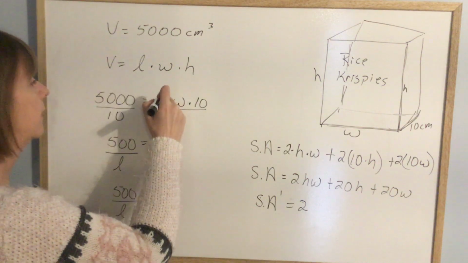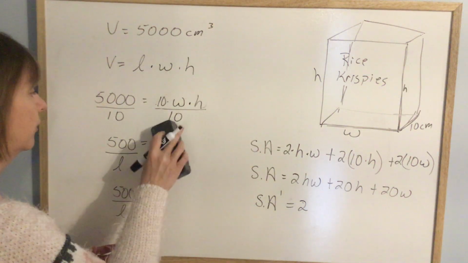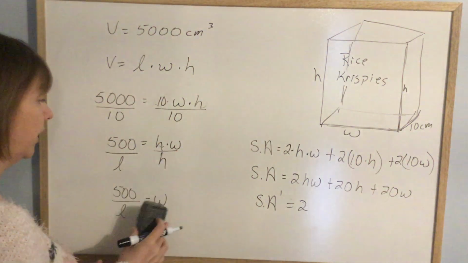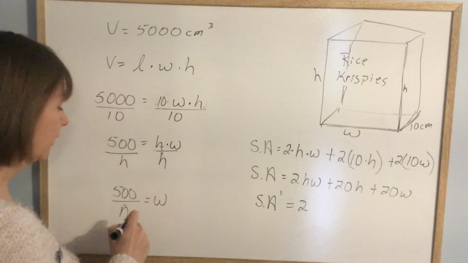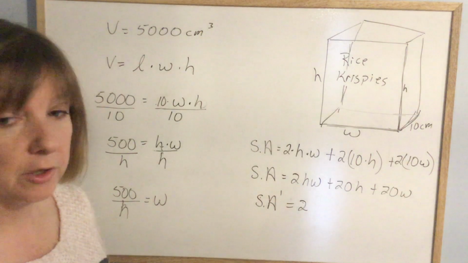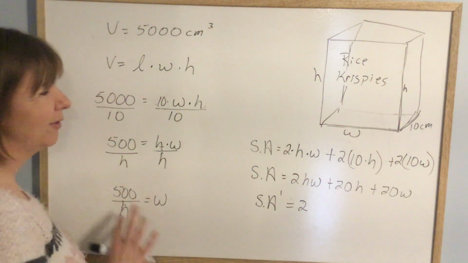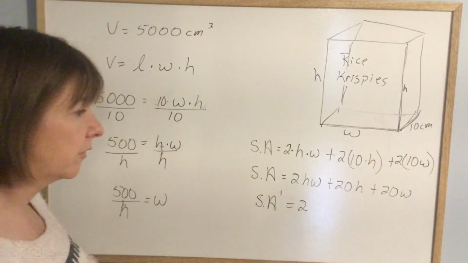This should be 10, and this should be height. And so this should be height times W. So I would divide by height. Sorry, my apologies. I just used the wrong letter so that it didn't match over here. All right, so if I now have W, it's not 500 over L, it's 500 over H. I just used the wrong letter. The logic is all the same.